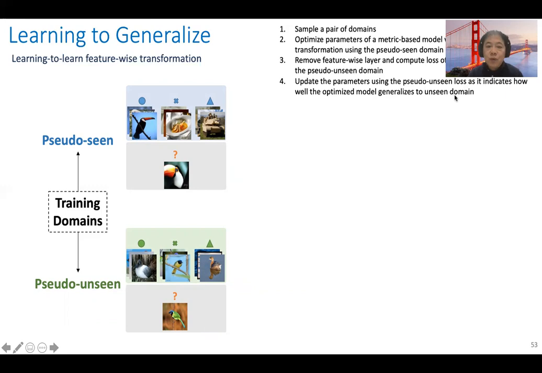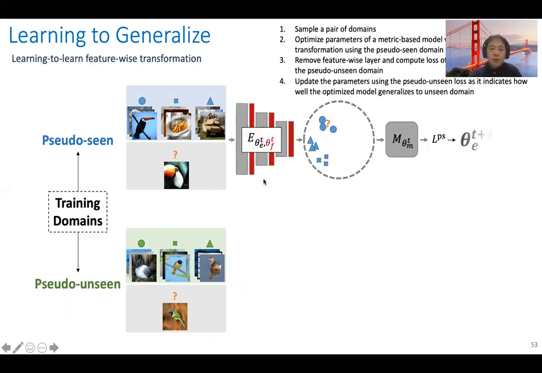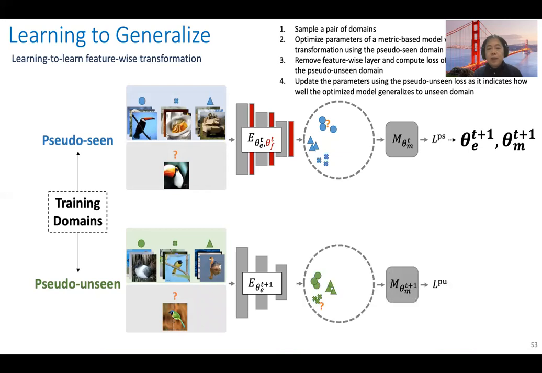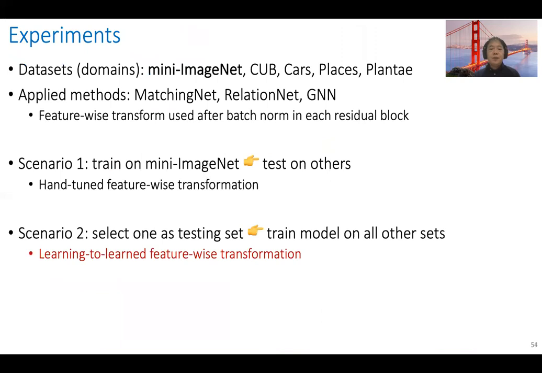Then we remove that and see how well it performs, and then we update the parameters using the pseudo-unseen data, because it indicates how well it adapts. So first we choose a pair and train the feature transformation, then we remove it, test on the unseen data set to see how it performs, and update the parameters.